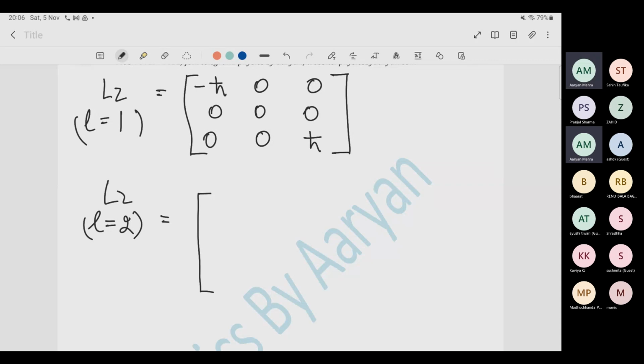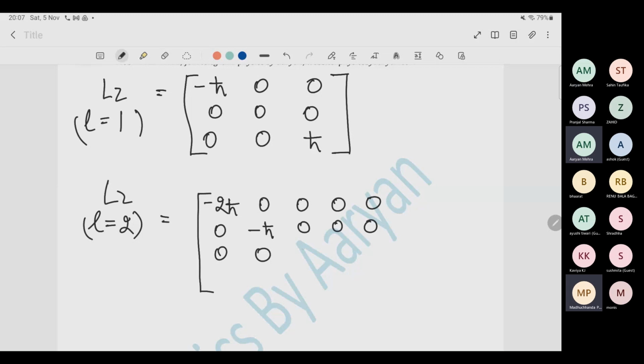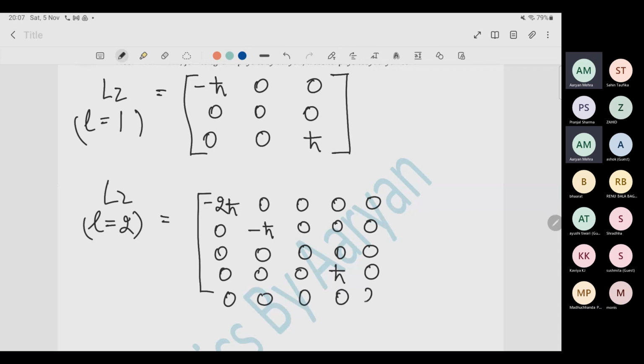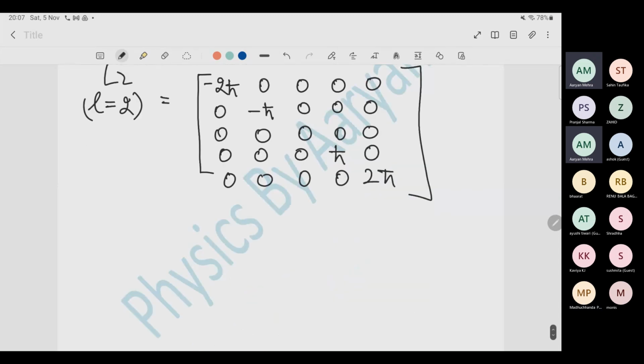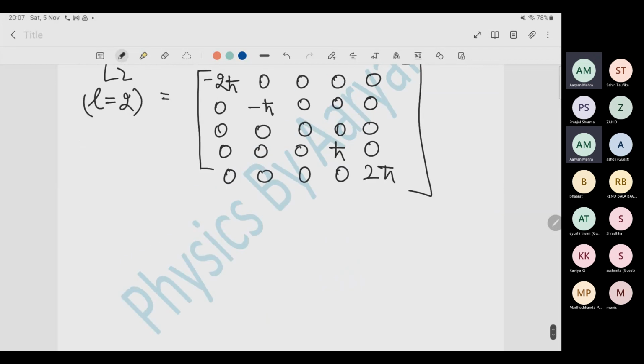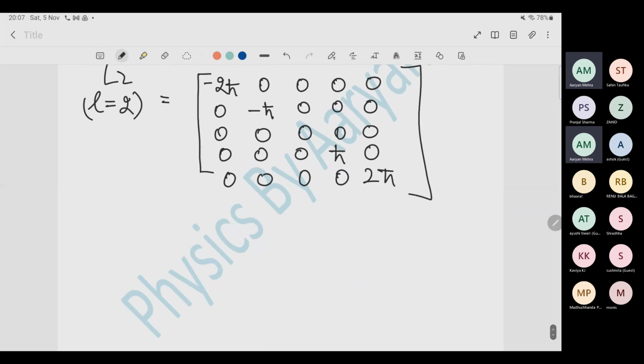Very simple. Minus 2ℏ. Fine. Then 0, 0, 0, 0. Now what will be here? Minus ℏ. Very nice. Then 0, 0. Now what will be here? 0. Great. If we move forward, ℏ, then 0, 0, 0, 2ℏ. Wow, you all are very intelligent. So done. We can write the matrix for anything now.